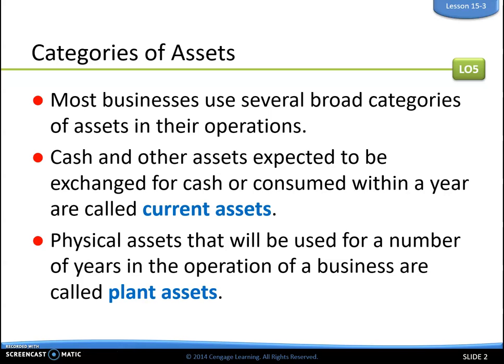So most businesses are going to have different categories of assets in their operations. We're going to talk about two specific types, current assets and plant assets. Current assets are going to be cash and any other asset that we expect to be exchanged for cash or consumed within a year.